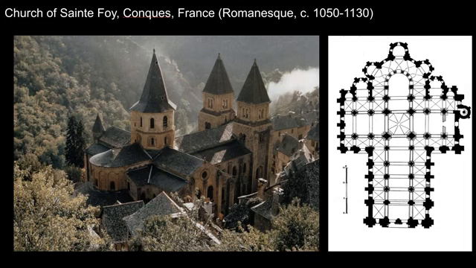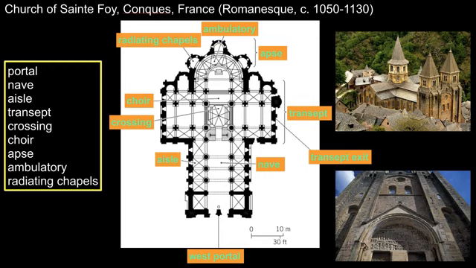So then let's look in detail at this plan to help you be familiar with the typical parts of a Romanesque church. A worshipper enters from the west portal on the west end and enters the nave, the main space of the church. The nave is flanked by aisles, just like at Old St. Peter's. A transept is perpendicular to the nave and provides more space for worshippers.